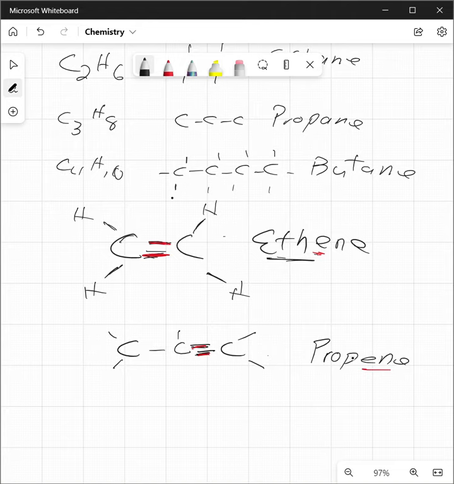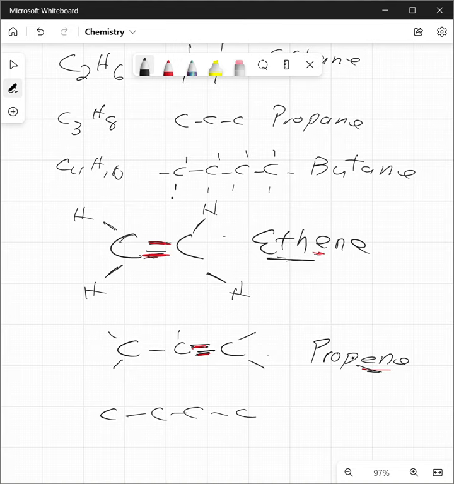Okay, so let's do one more of the alkenes, with ene. Let's move it up to 1, 2, 3, 4. Now, it's going to matter where I put that double bond, right? We're going to have to specify where it's at.